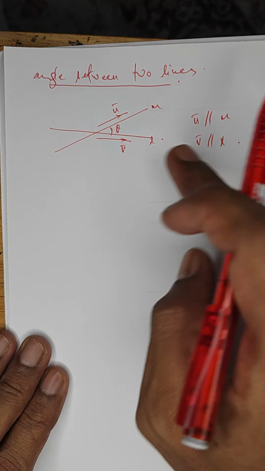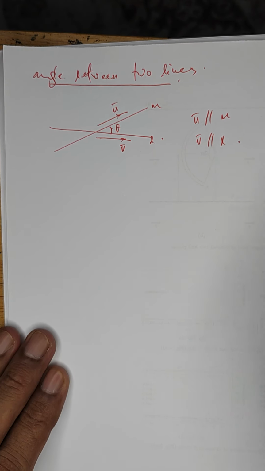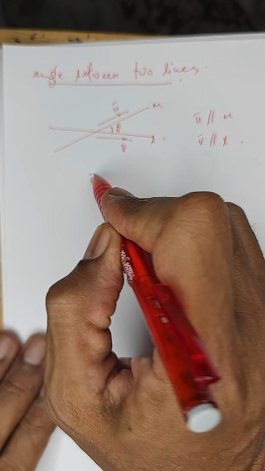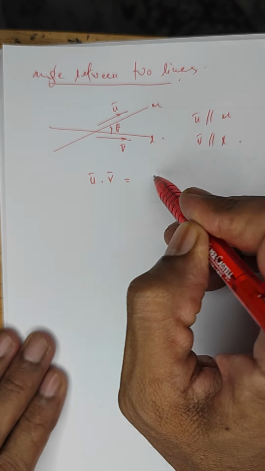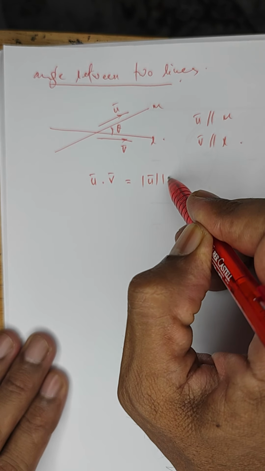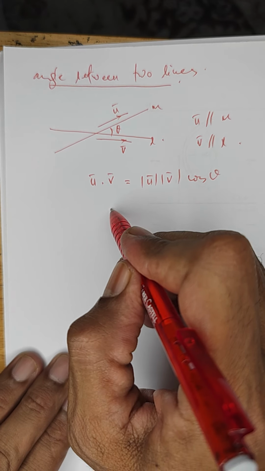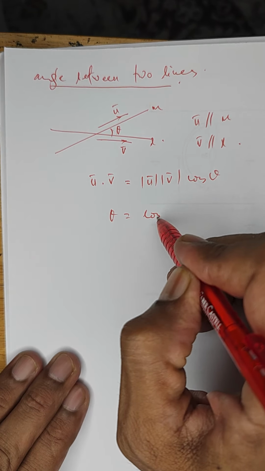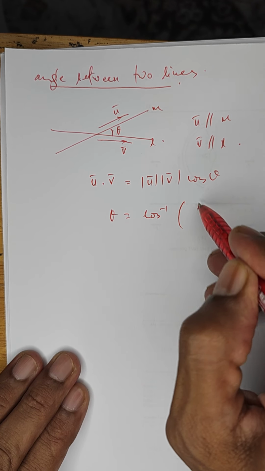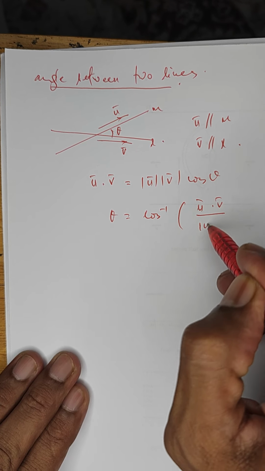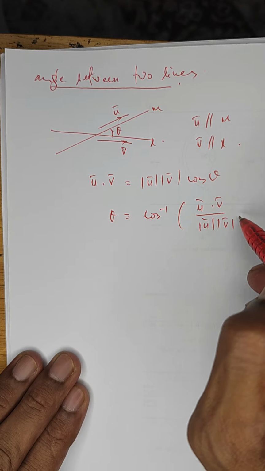From there, you can find theta using the dot product. So we have U dot V equal to the magnitude of U times the magnitude of V times cos theta, and hence theta is the inverse cosine of U dot V over the magnitude of U times the magnitude of V.